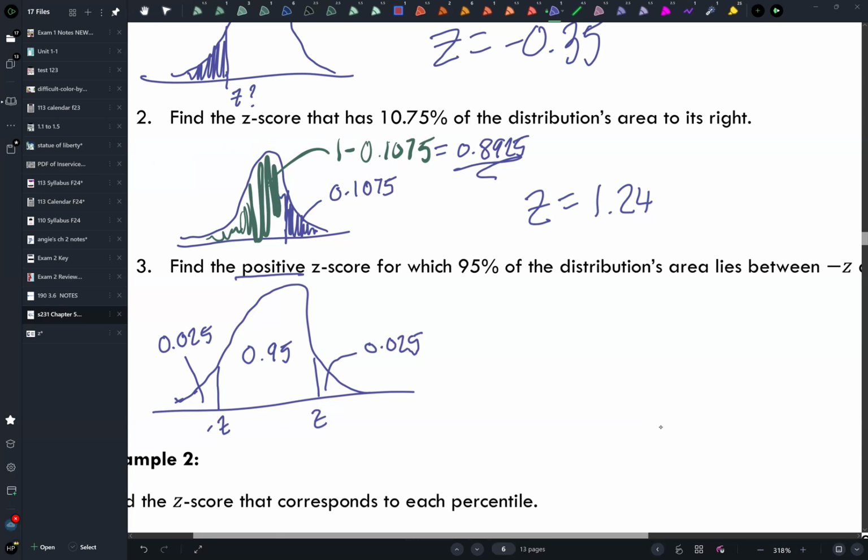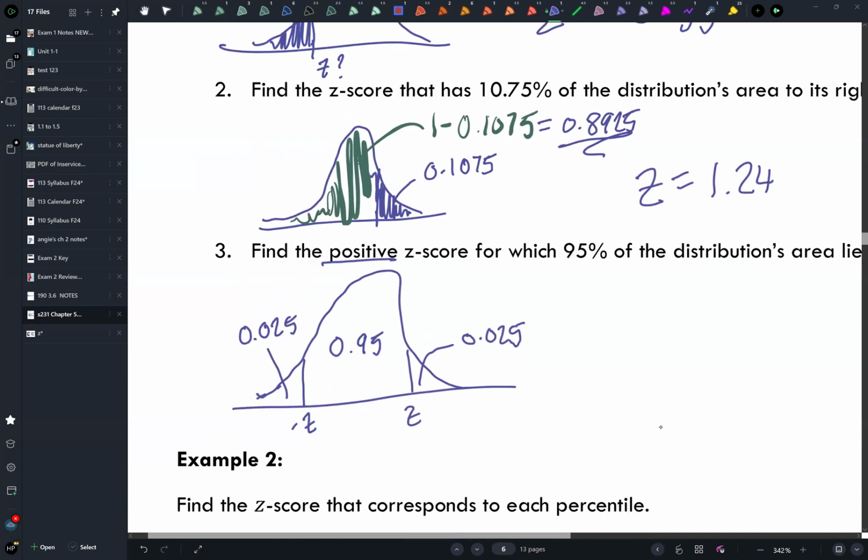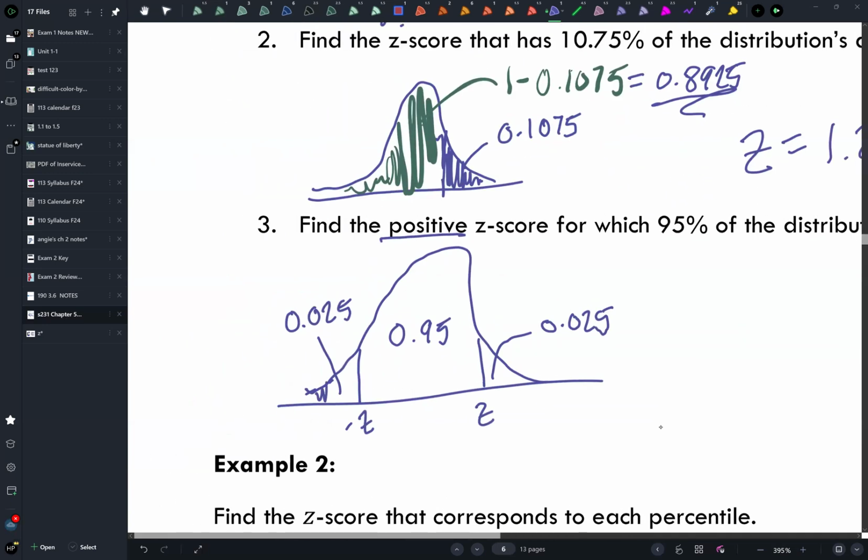Now notice this 0.025 on the left is just the left area of negative z. So I'm going to look up 0.025 on my chart, and that z will be negative. I'll take away the negative, and that's my positive z-score. We can do that because these two are symmetric around the middle, so they're the same number.